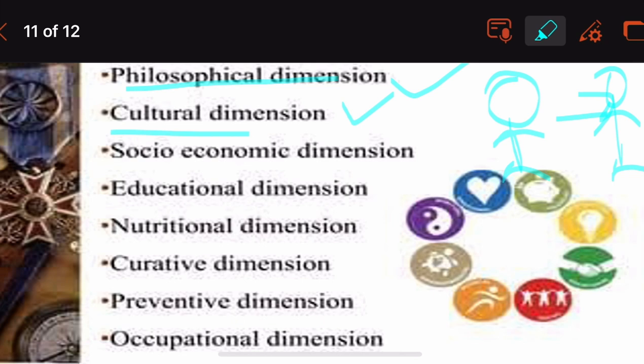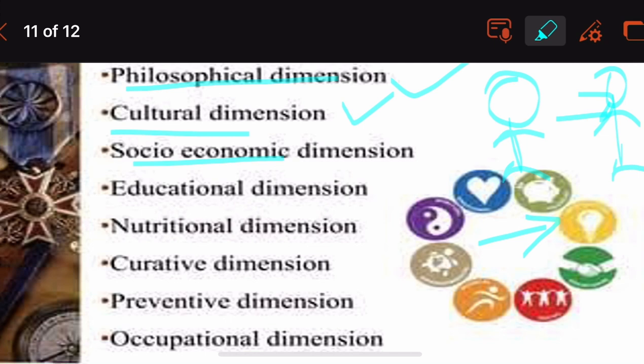We have socio-economic dimensions: higher socio-economic status, good health, we can say they have better access to the medical facilities, and then good education, good economic status, and good health. Poor socio-economic status, lack of sanitary facilities, slums, and the area where they reside won't be that hygienic, which can increase the chances of getting infections.